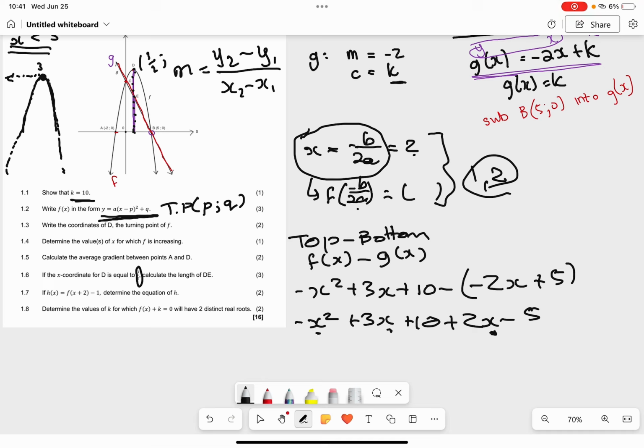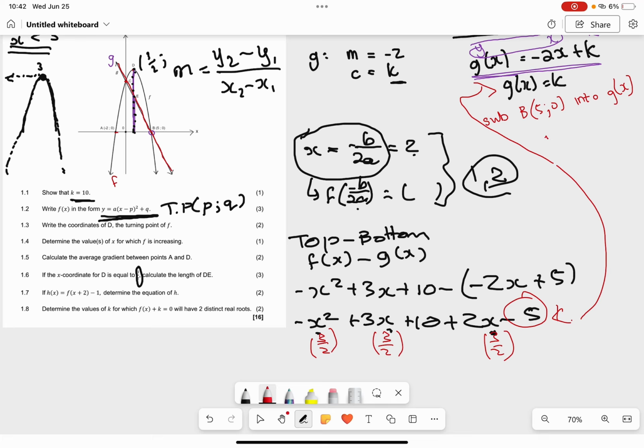It'll be negative 3 over 2 squared plus 3 times 3 over 2 plus 10 plus 2 times 3 over 2, etc., minus 5. Whatever you got for k, remember this would have been your k value, whatever you calculated over here.